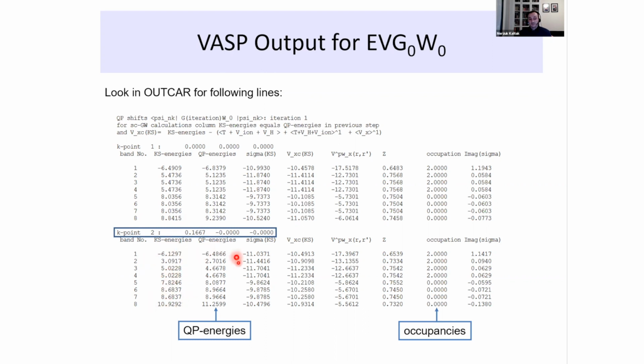And the third column is probably the interesting column for you because it contains the quasi-particle energies for the corresponding band. And together with this column here that describes the occupation of the corresponding state, you can calculate the band gap by subtracting the value of the valence band maximum from the conduction band minimum.